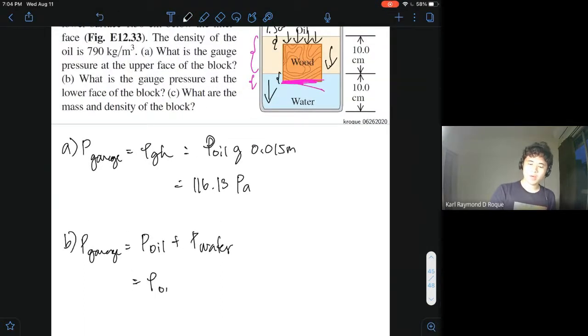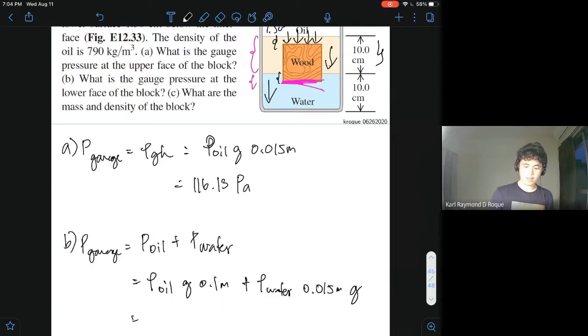Rho oil G. Ano yung height? 10 cm. 0.1 meters plus P water, 0.015 meters times G. Ang lalabas is 921.2.